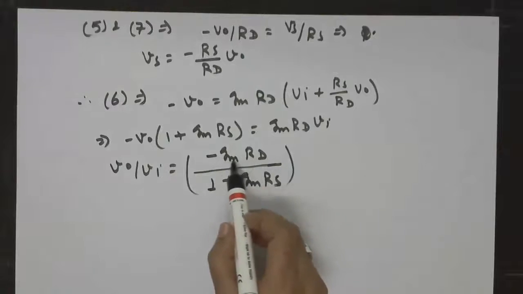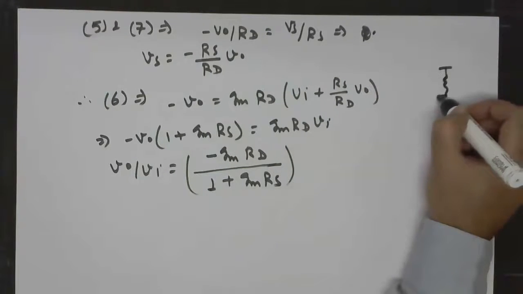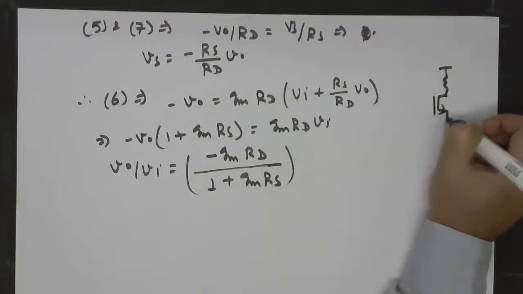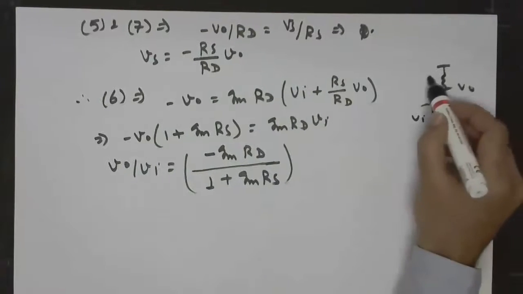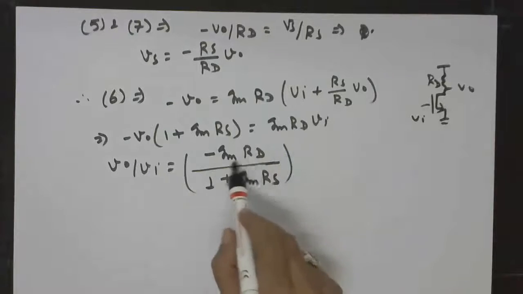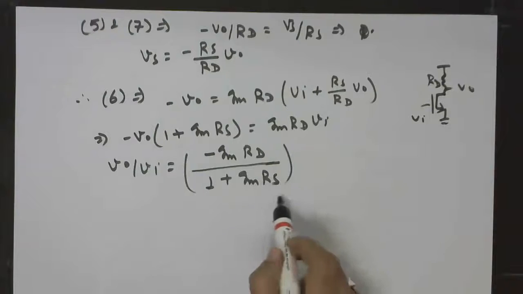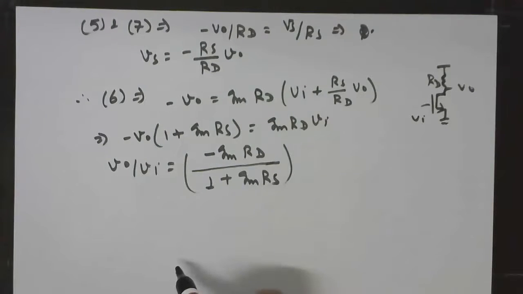So we are familiar with this numerator expression, minus Gm Rd. This was the gain of the common source amplifier with resistive biasing or resistive load. This one. So in the numerator we have that gain, and the denominator is always positive because Gm is positive and Rs is positive.